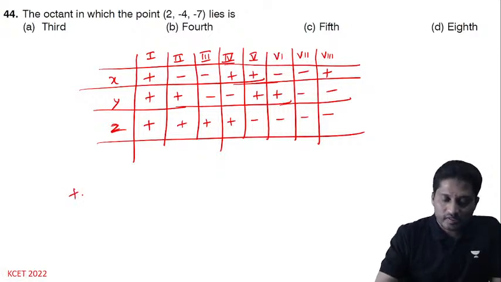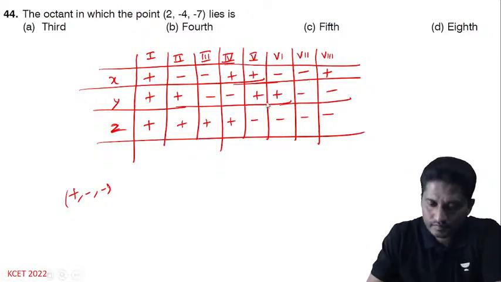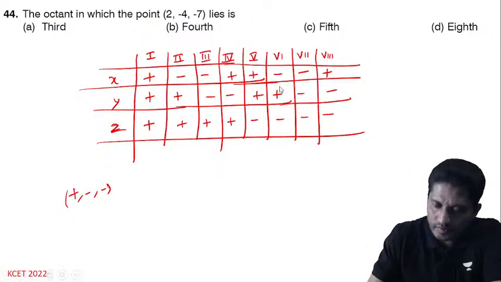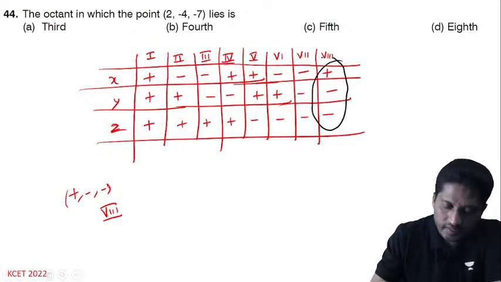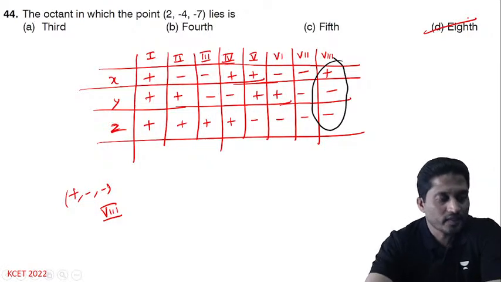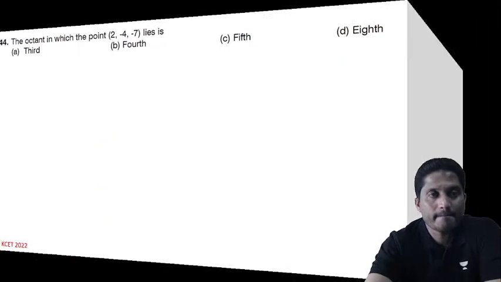So I want plus, minus and minus, plus, minus and minus, lies in the 8th octant. It lies here only, right? It lies in the 8th octant. Answer is option D. Let's move to the next question.